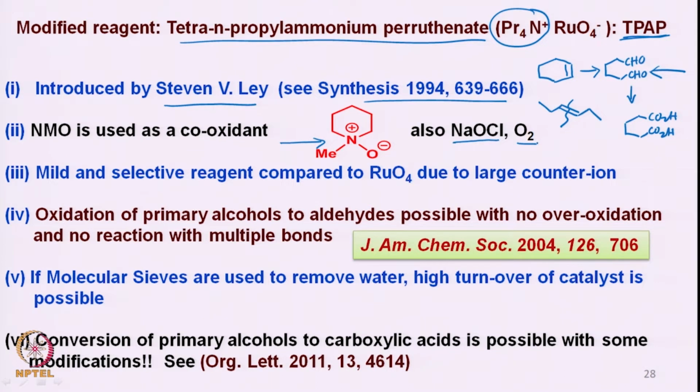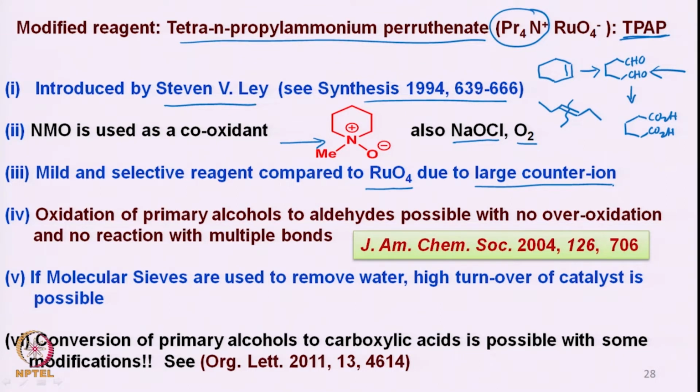It is obviously a very selective and mild reagent compared to ruthenium tetroxide because of the large counter ion that is present. At the same time, it is a negatively charged perruthenate species, and therefore it has less reactivity compared to ruthenium tetroxide.